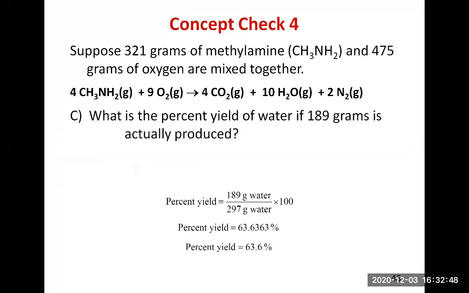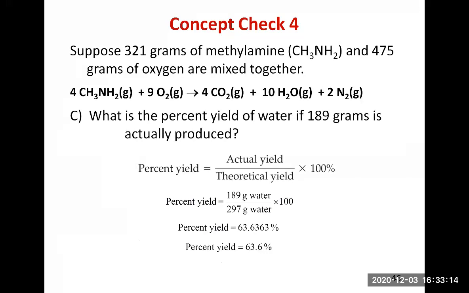Finally, question C here. What is the percent yield of water if 189 grams is actually produced? So the formula is the actual yield over the theoretical yield times 100. So here the actual yield is 189 grams that is actually produced.